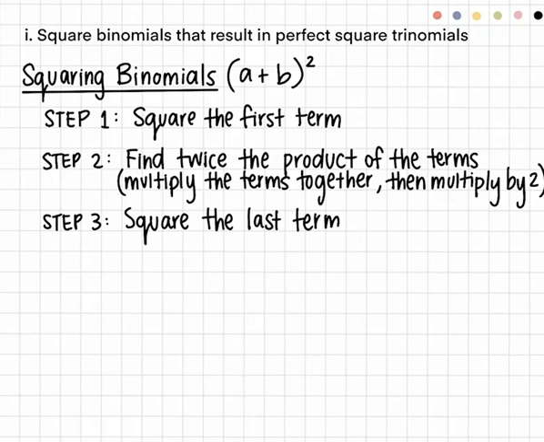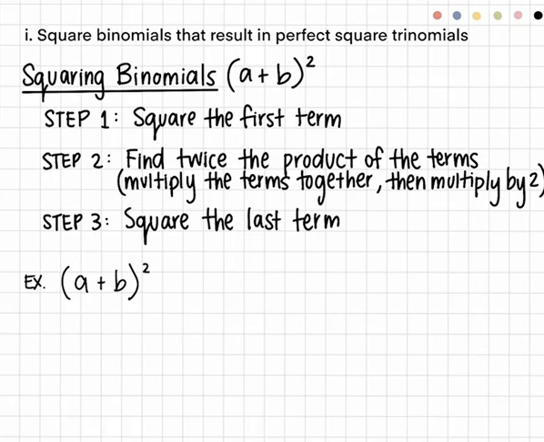Okay, so let's do an example here. Let's say we have (a plus b) squared.